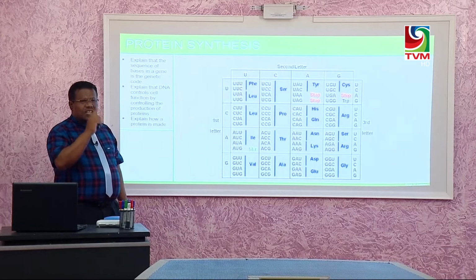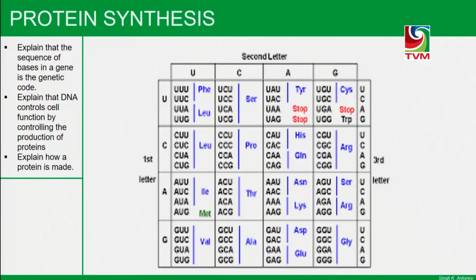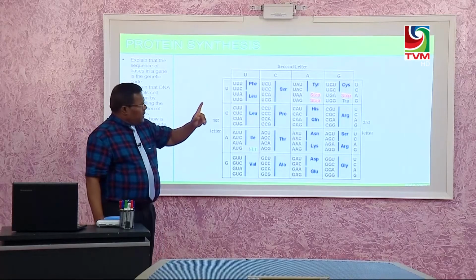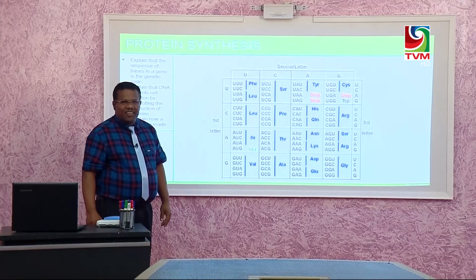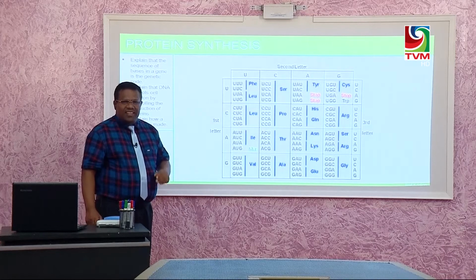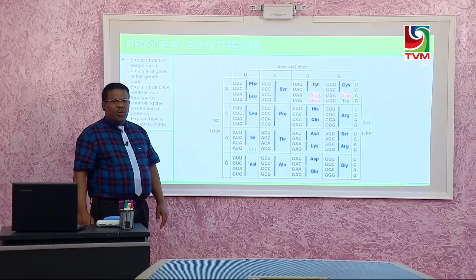Certain codons are stop codons or terminator codons. There are 3 of them. UAA is a stop codon, UAG is a stop codon, another one is UGA. So these are stop codons. That means after the 51st triplet, any one of these triplets will terminate the synthesis of protein. Understood?